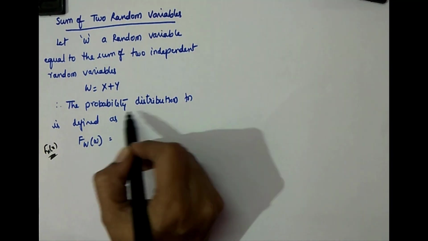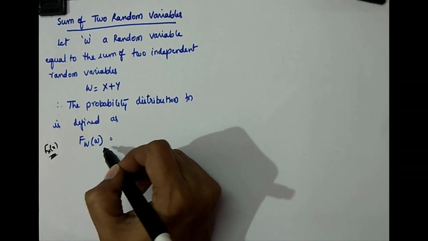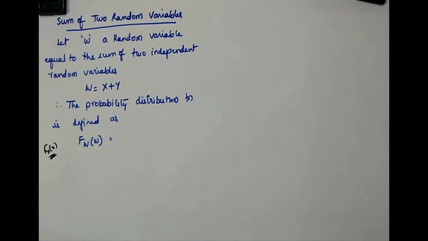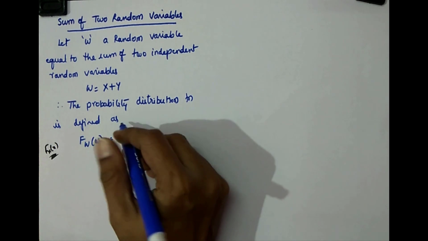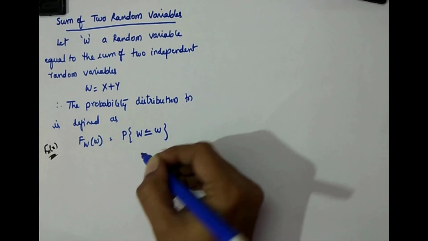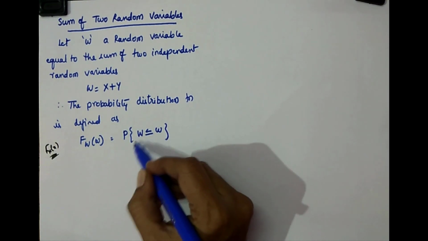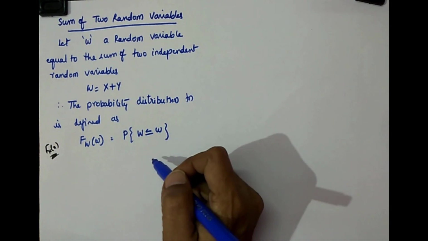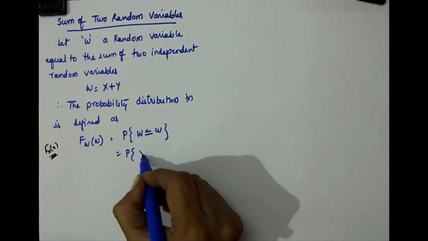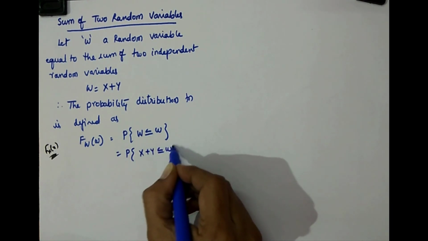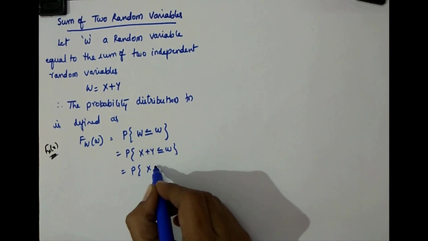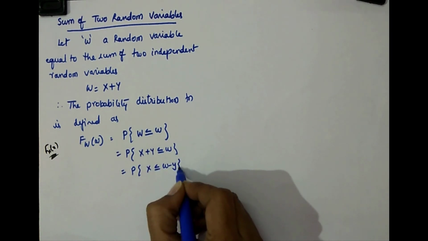But here, as this is the distribution function for W, we represent it with fw of W. The general representation, if it is fx of x, is p of x less than or equal to x. What is W? x plus y. So x plus y less than or equal to W. You can write it as p of x less than or equal to W minus y also.